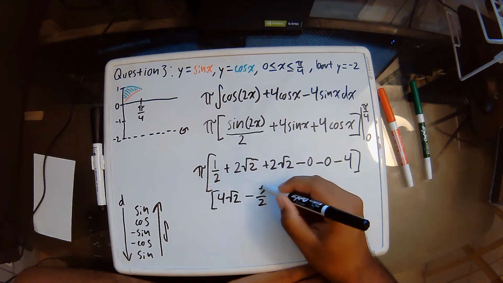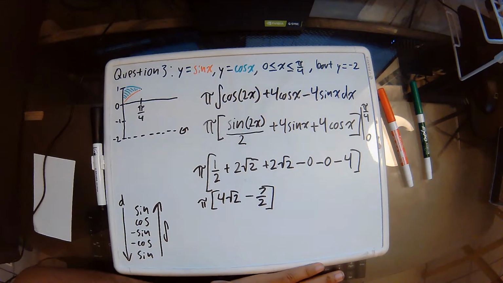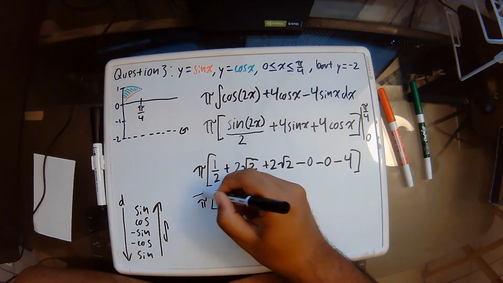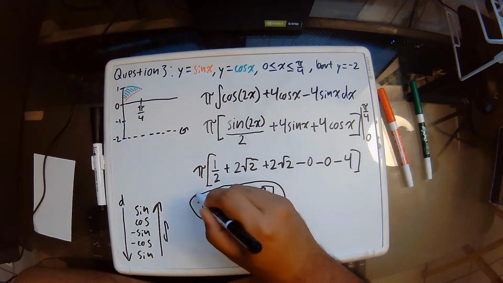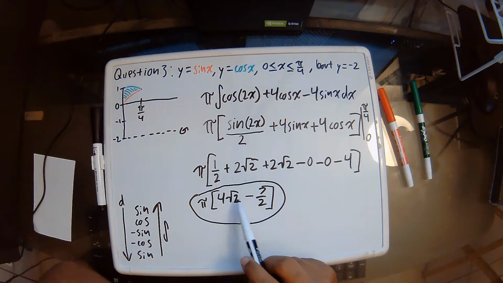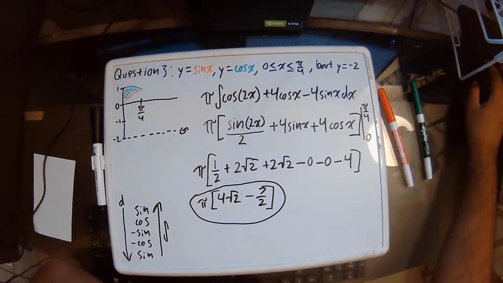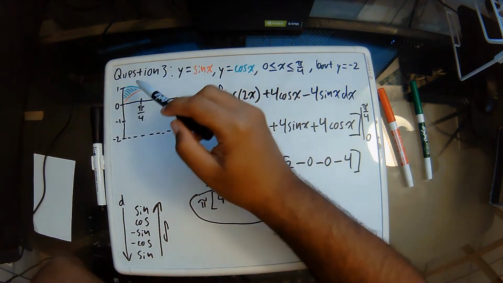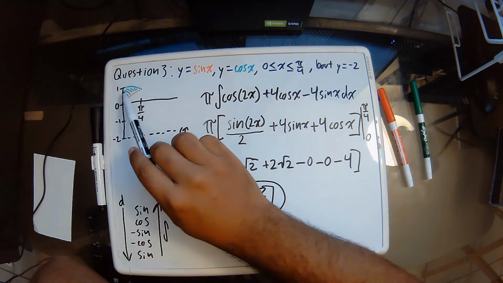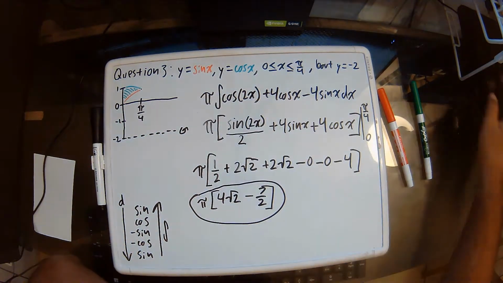And again, this is all being multiplied by pi. So this, pardon me erasing some of this stuff, this is your final answer. Pi times 4 root 2 minus 7 over 2. That is the area, and that is the volume of the solid when this area is rotated about y equals minus 2.